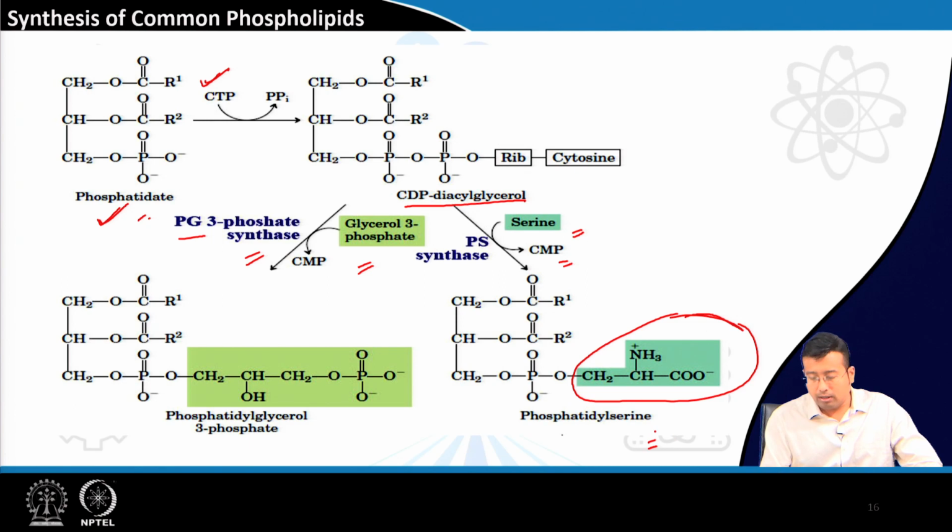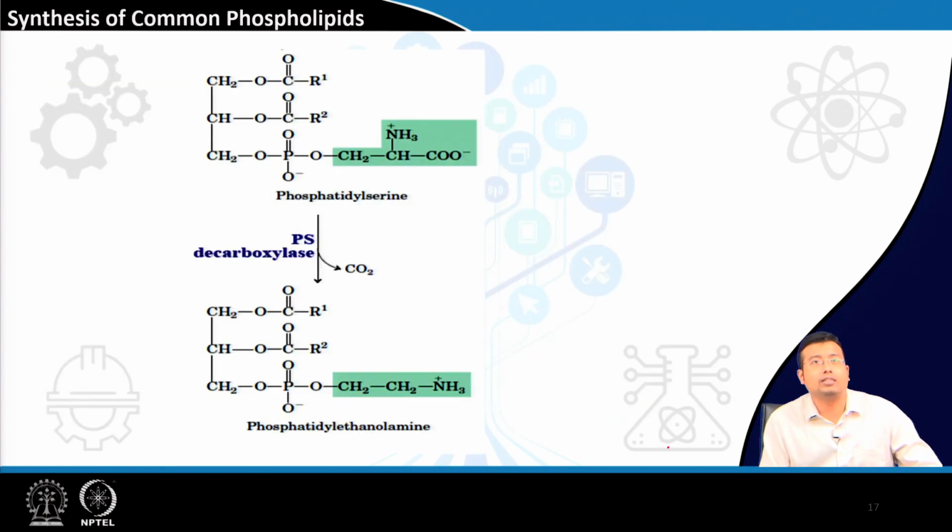Now, if we continue with this molecule, that is phosphatidyl serine, it can be reacted upon by various enzymes to form various forms of phospholipids. You see, if it gets decarboxylated, it forms phosphatidyl ethanolamine.